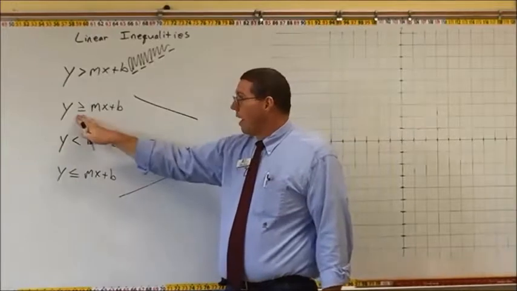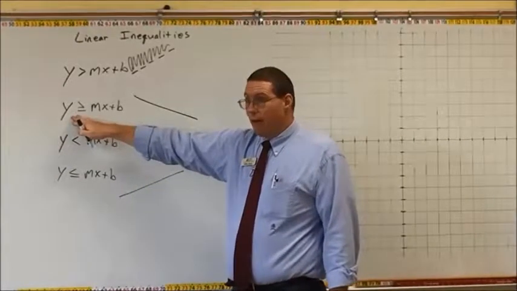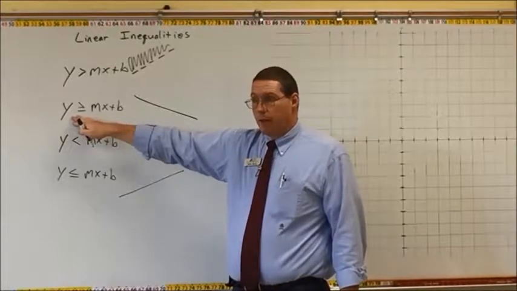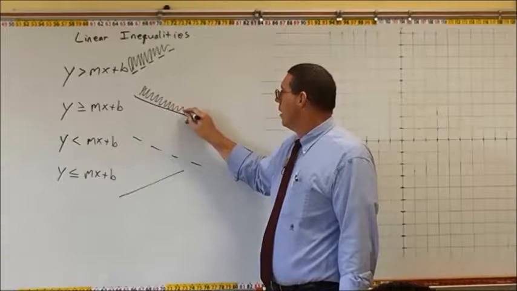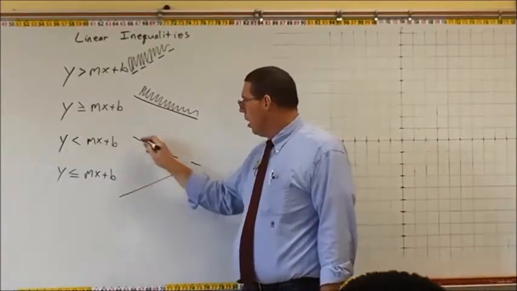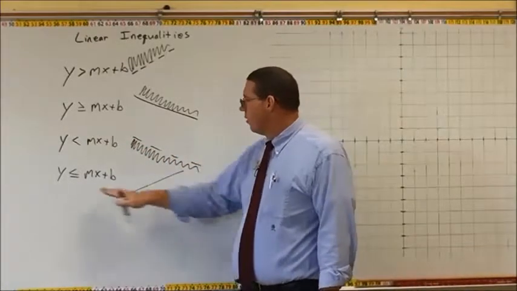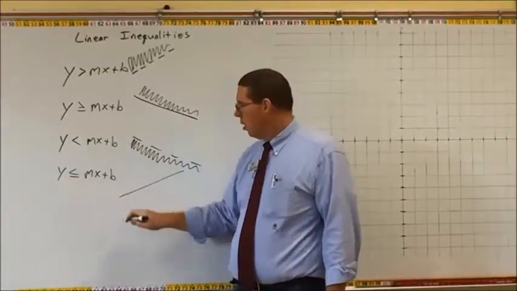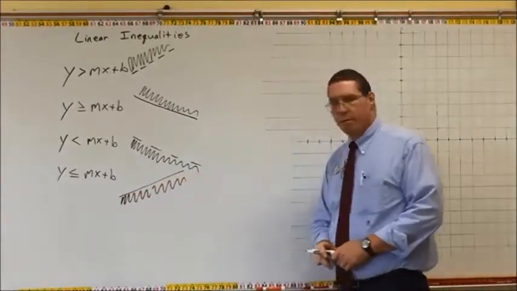And this greater than or equal to, are they higher than or lower than? Higher than. Again, we're going to shade above. How about this one, less than? Where would we shade? Below, because less than numbers are smaller than. They're below. And on this less than or equal to, also below. Does that make sense?